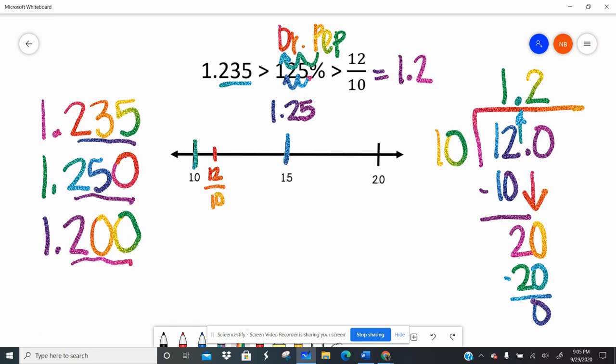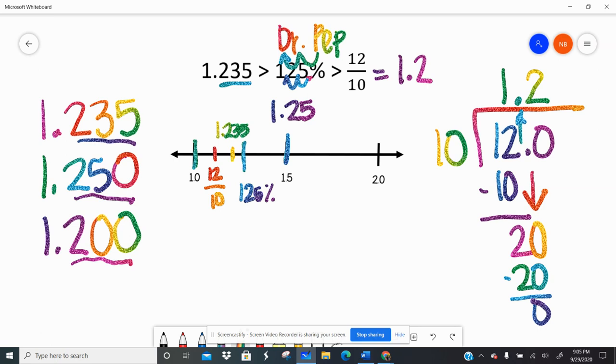And super close to it, only 35 teeny tiny more steps, I have my 1.235. And right in between that 1 and 1/2, I have 1 1/4 at 125%.